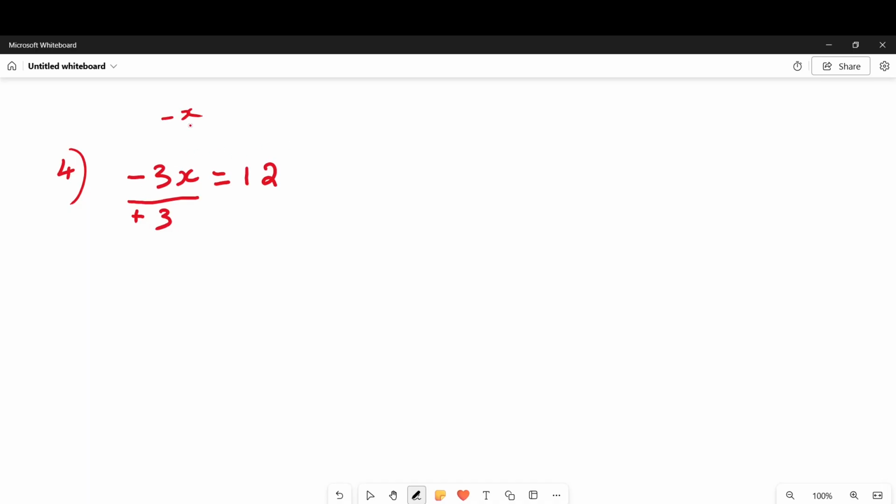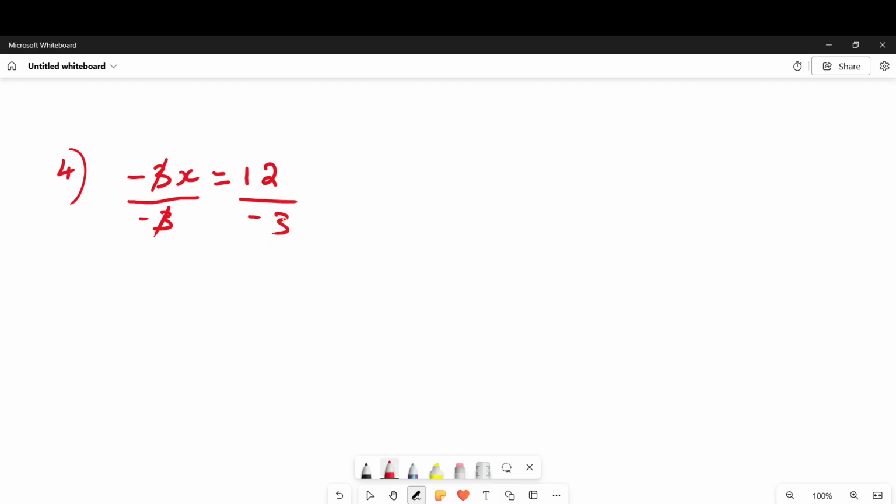So we need to remove all the signs, and you need to make the x positive. So what we do, we divide by minus 3 on both sides, minus 3 here, and here also minus 3. So this minus 3 cancels minus 3, so a positive x is left here.